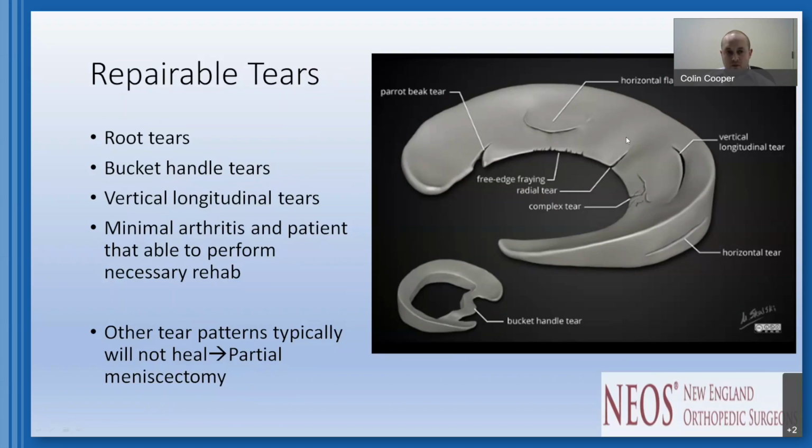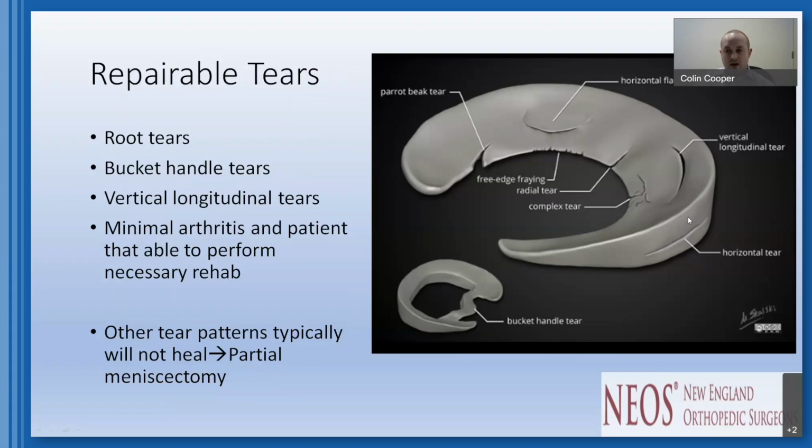Good candidates for repairs are patients that have certain tear patterns, patients that have minimal arthritis and not advanced bone-on-bone arthritis, and patients that are able to do rehab and sometimes have to be non-weight bearing for about 4 to 6 weeks after the procedure.